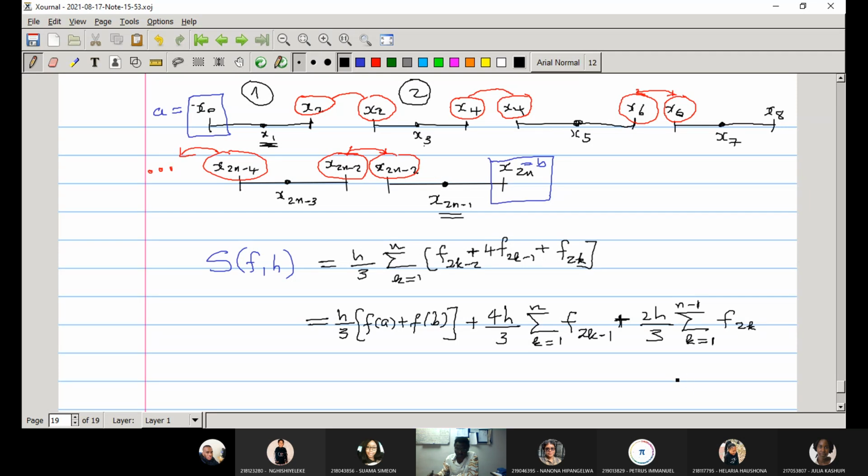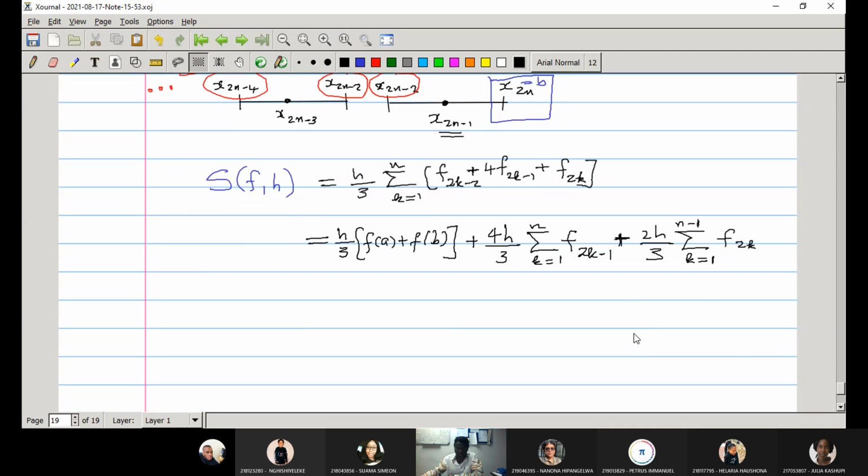Because if I put n minus 1 there, it is 2n minus 2, which is this last point, x sub 2n minus 2. So everything is there. The formula is complete. So that's how the formulas are grouped, right? So you can group it this way.